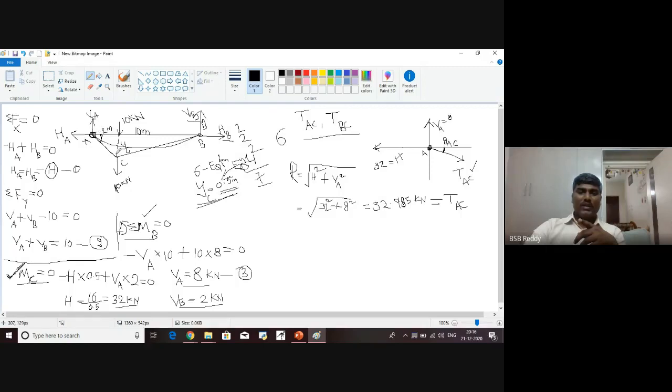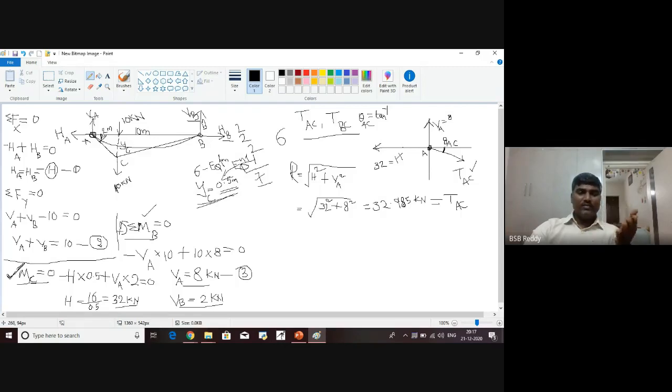From this triangle, I can get the theta AC value. Theta AC is equal to tan inverse. Tan theta is opposite side divided by adjacent side, which means YC by 2 meters.